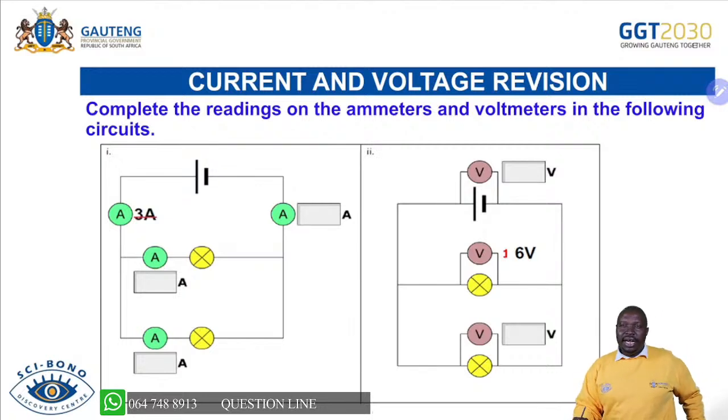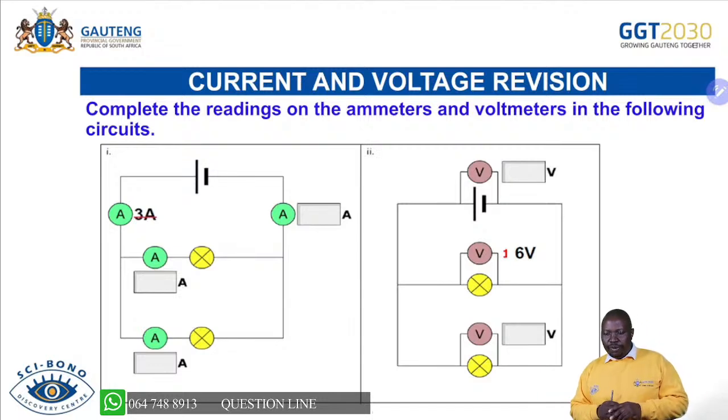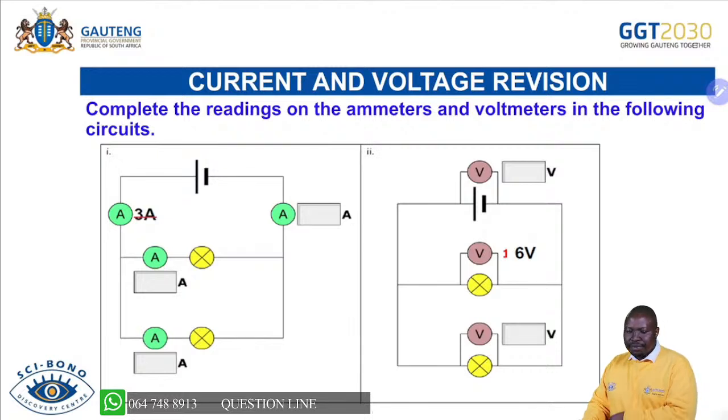Now, my last example based on how this current is being divided and what is happening. Look at this one as well. We're saying complete the readings on the ammeters and voltmeters in the following circuits. Maybe I can give you a minute just now, and then you just try and look at it and try to complete. So I'll just pause for a minute as you try to complete.